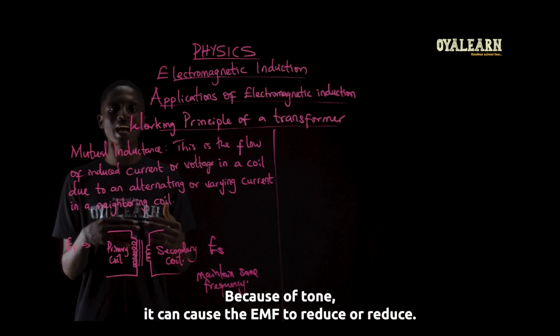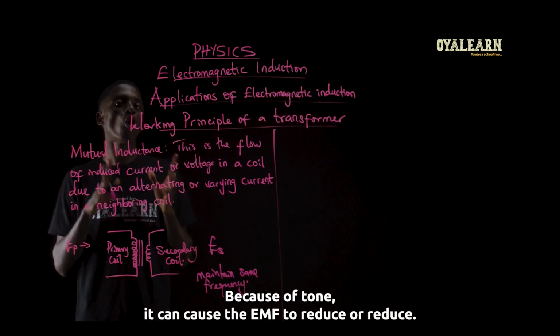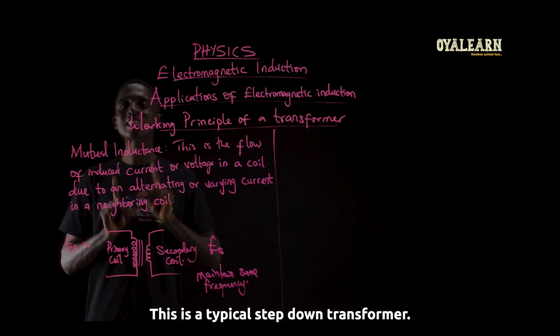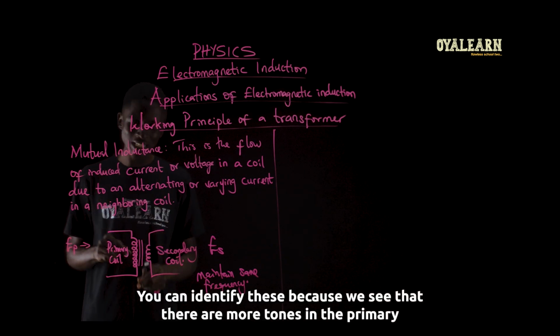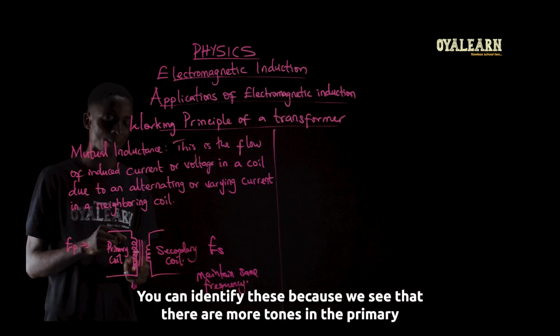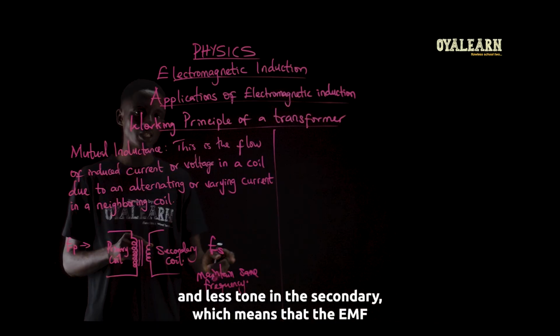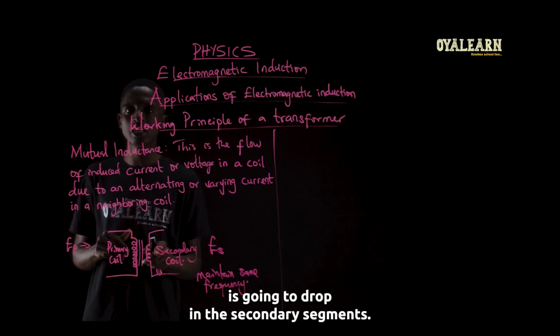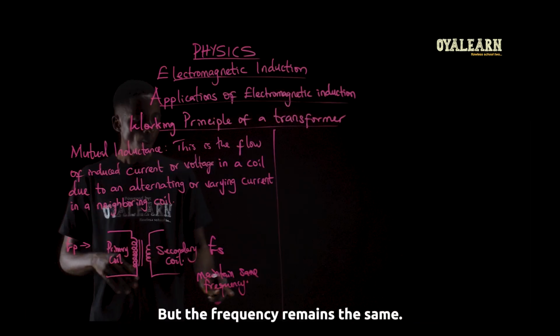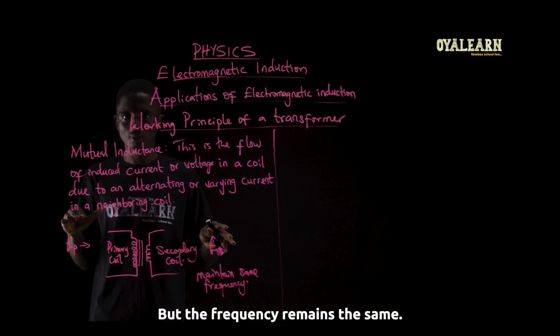Because of the turns, it can cause the EMF to increase or reduce. Now look at this. This is a typical step down transformer. You can identify this because we see that we have more turns in the primary and fewer turns in the secondary, which means that the EMF is going to drop in the secondary circuit. Okay, but the frequency remains the same.